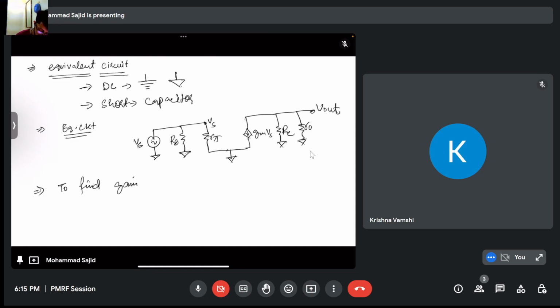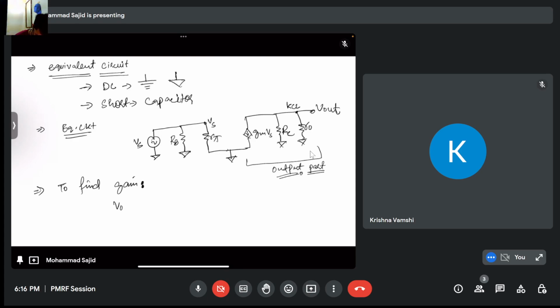We will look at our output part, right? And apply KCL here. So I'm not writing the formula directly. I know the formula, but I'm not directly writing it because I want to show how we can reach that formula. Okay, so let's apply KCL at this point.